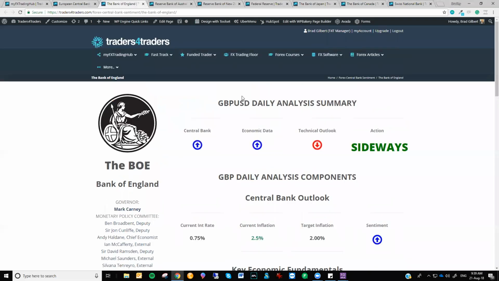Now, if I go across a couple of these pairs, or I get the sterling, you can see this scenario in play already. What we've got is the central bank, because of that inflation which we had last week, and this is going to give you greater insight into why we look at the economic numbers.